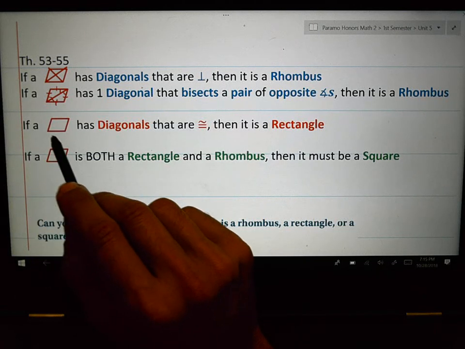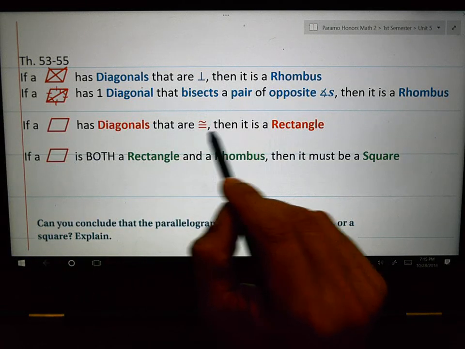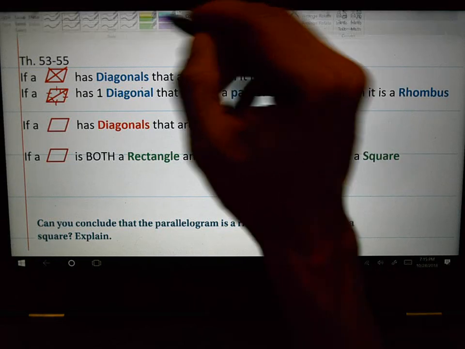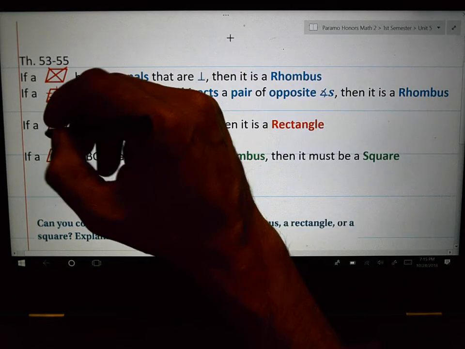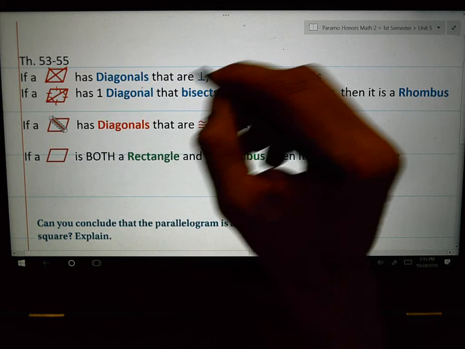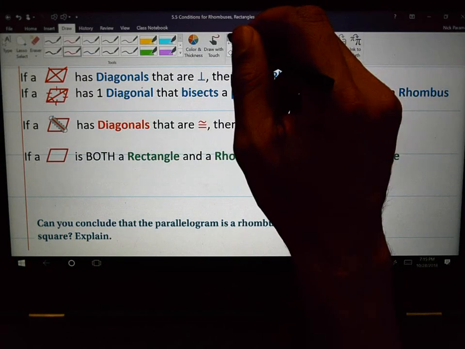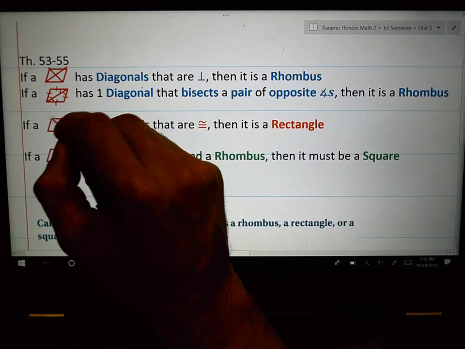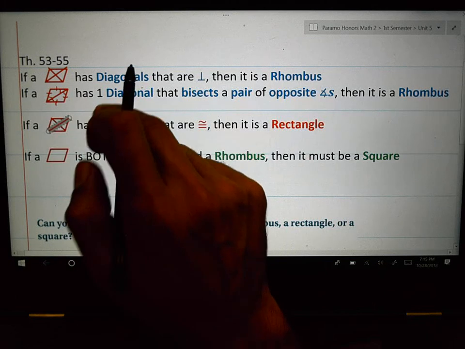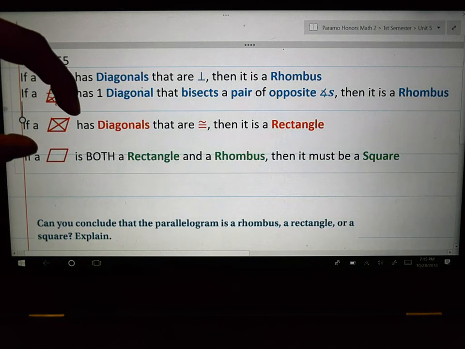If a parallelogram has diagonals that are congruent, then it has to be a rectangle. So think about that. If this diagonal had to be the same distance as this diagonal, because right now when you look at this picture, you can obviously tell that this diagonal is a lot longer than this one.